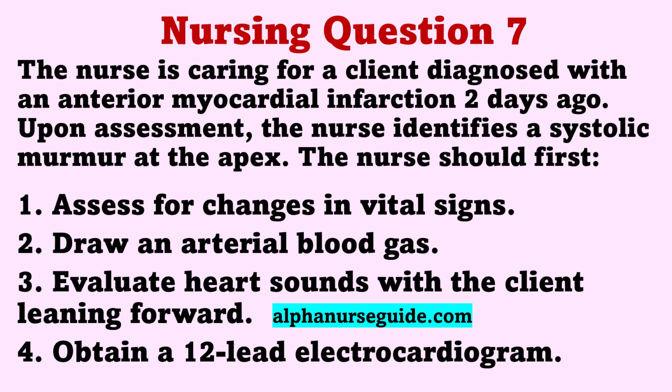The correct answer is 1. Assess for changes in vital signs. Infarction of the papillary muscles is a potential complication of an MI causing ineffective closure of the mitral valve during systole. Mitral regurgitation results when the left ventricle contracts and blood flows backward into the left atrium, which is heard at the fifth intercostal space, left midclavicular line.